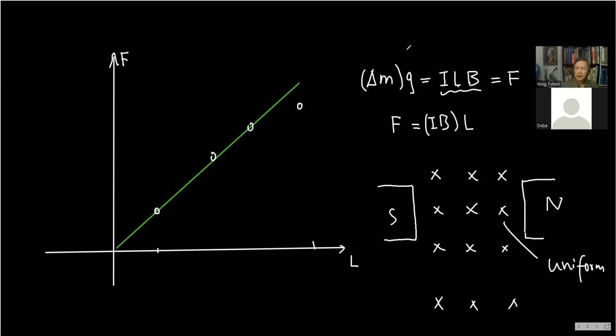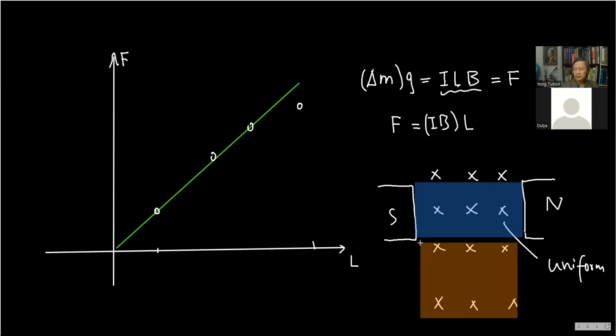It's almost perfectly uniform. However, the field becomes non-uniform once you go beyond this region, can you see?